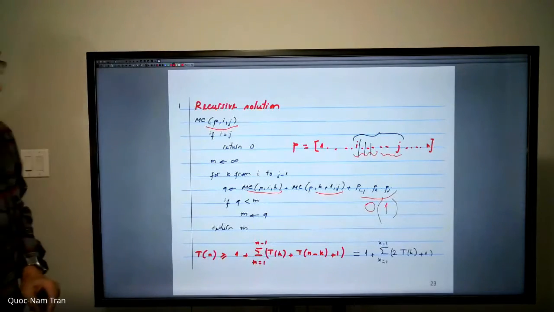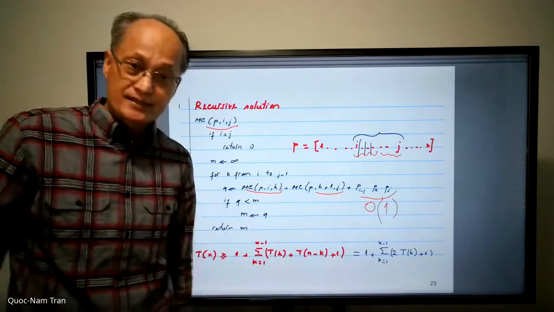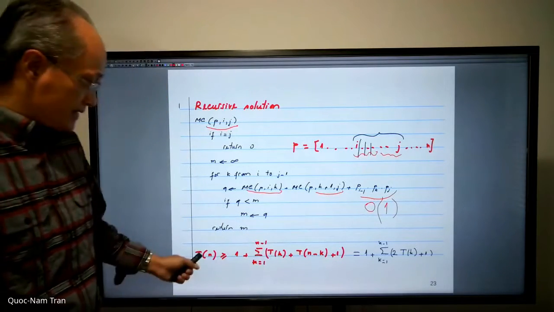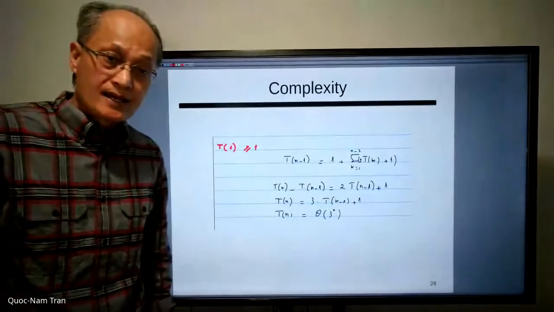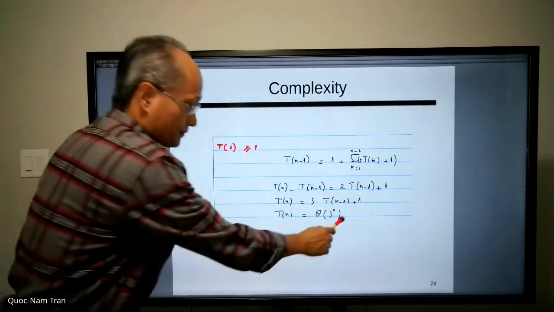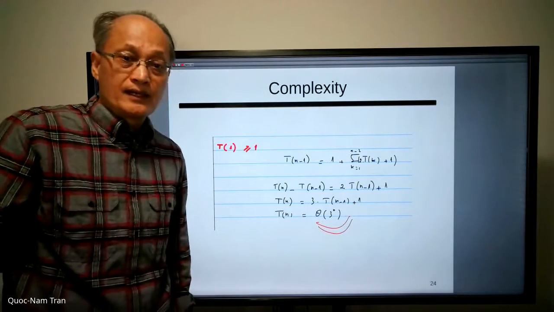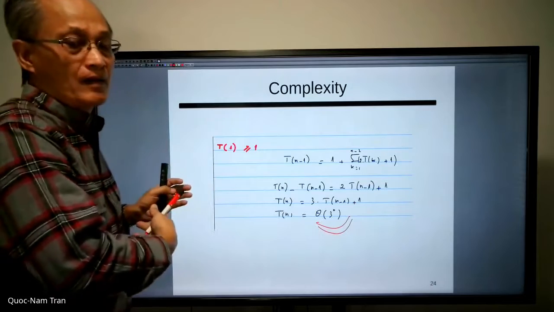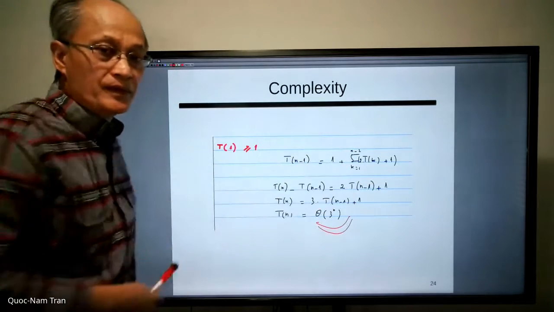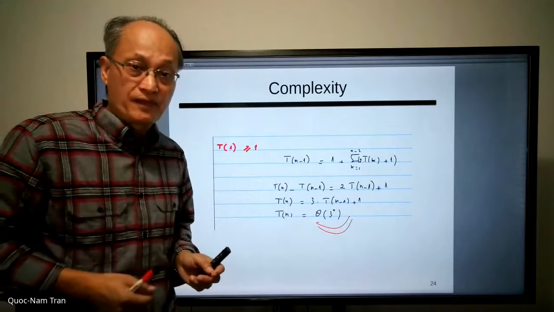Now, last time we analyzed the complexity, and it turns out that T(n) is 3 to the power of n, right? This is similar to trying all possible cases, like brute force.